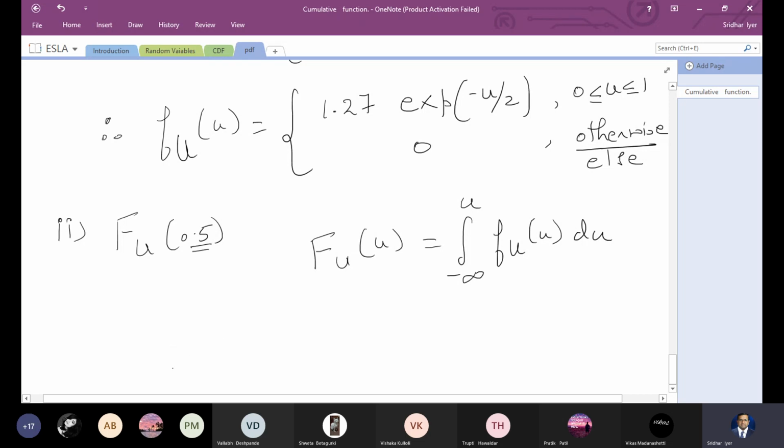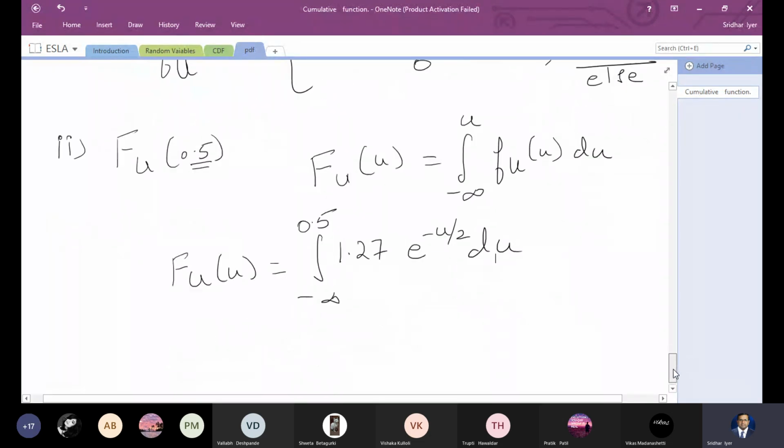Therefore, I will rewrite the equation. So fu of u, the CDF, is nothing but negative infinity to 0.5. Now I'll plug in the value of the PDF, which is 1.27 e raised to minus u by 2 du.